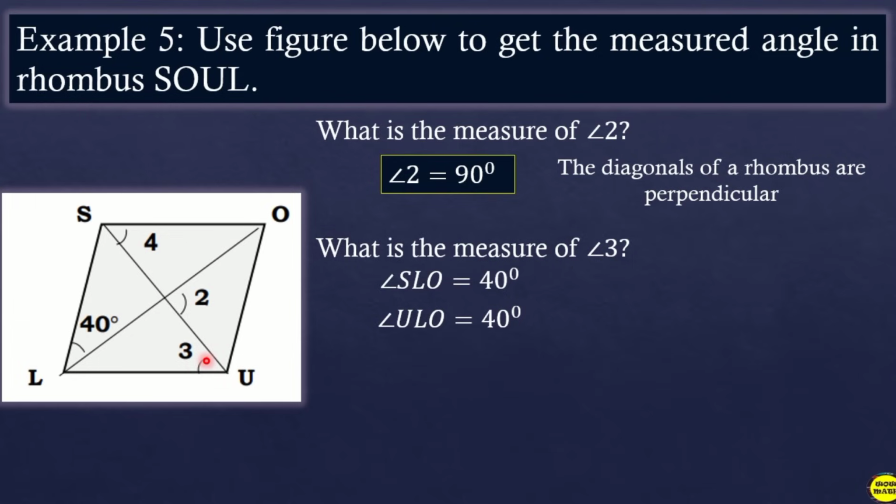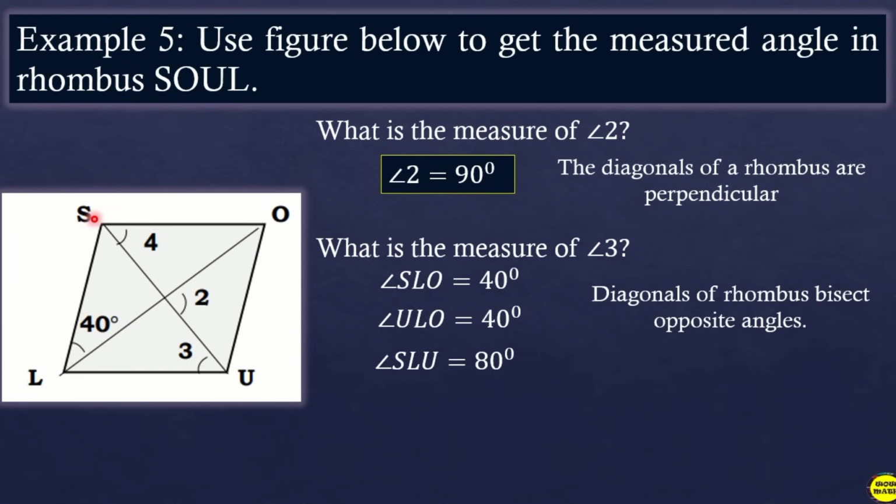Angle ULO, therefore, is also equal to 40 degrees, because they are congruent. So angle L is equal to 80, because 40 plus 40 gives the whole. Angle SLU is equal to 80 degrees.